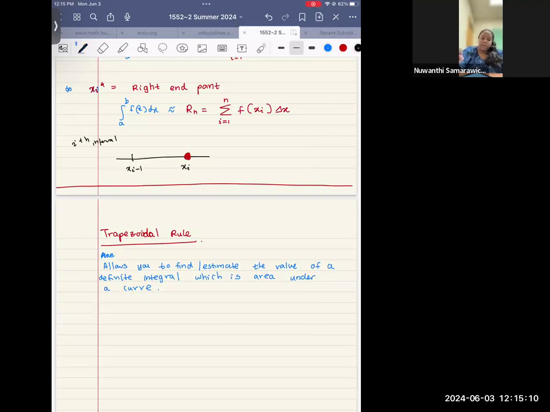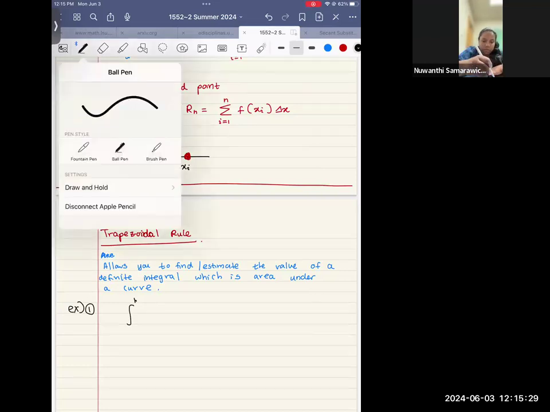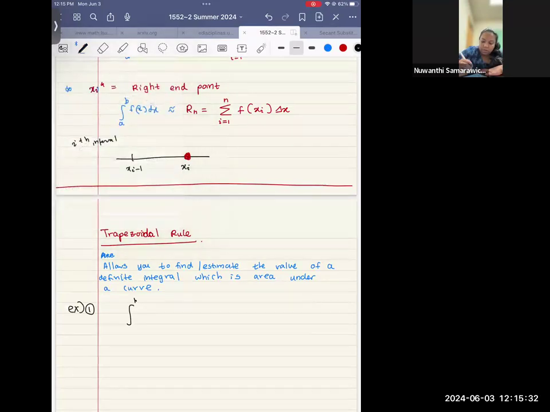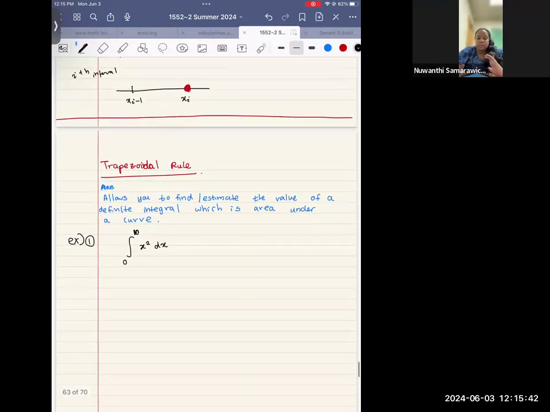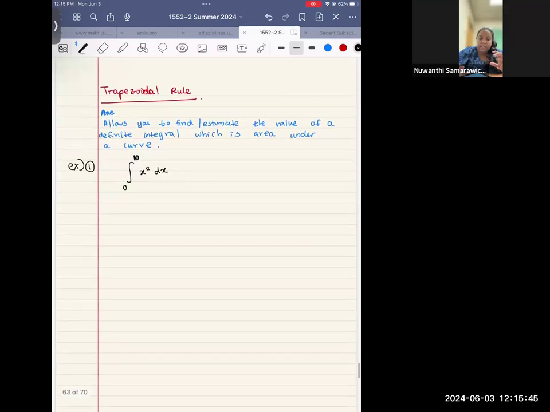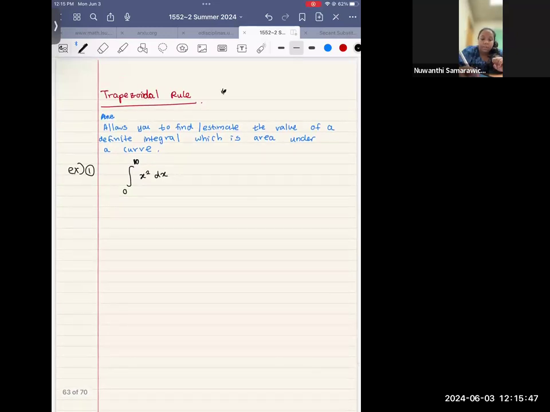So let's do this by an example. Example 1, you have to find the definite integral from 0 to 10 of x squared dx. So let's see how to find the definite integral by using the trapezoid rule.